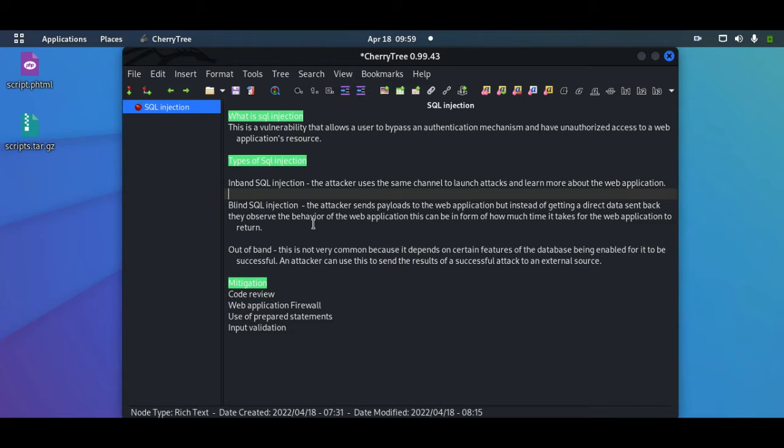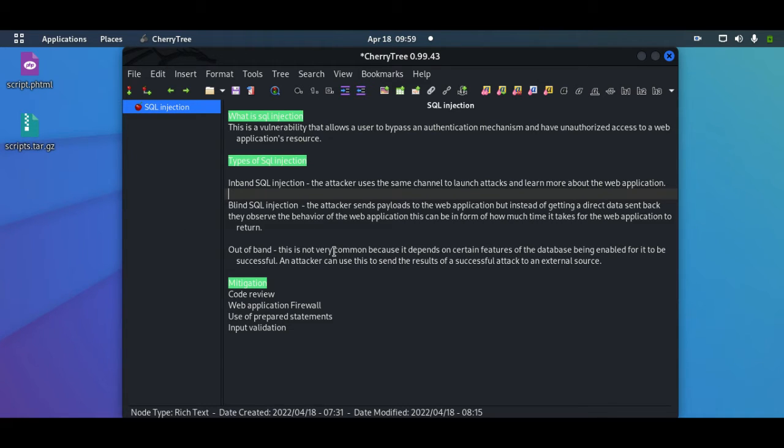So whether the web application is using a certain type of database, the different kinds of services that are running, what kind of web server it has. That is the kind of feedback that we'd have in case a web application is vulnerable to inbound SQL injection. And in this tutorial, that's what we're going to be looking at.